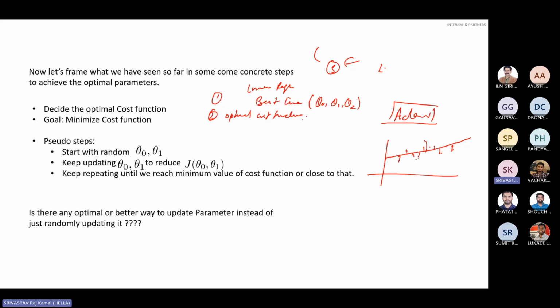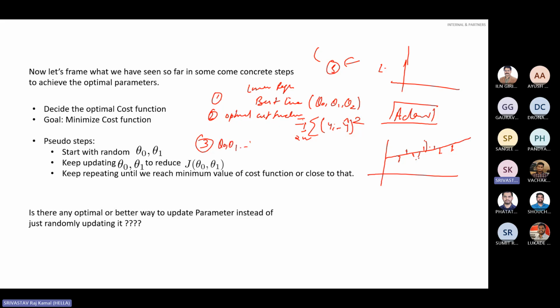Therefore, for linear regression, my cost function is the mean squared error: the actual value minus the predicted value, squared, and take the average of that. That is it. Now we decided to see how we can find the best values of theta 0, theta 1.